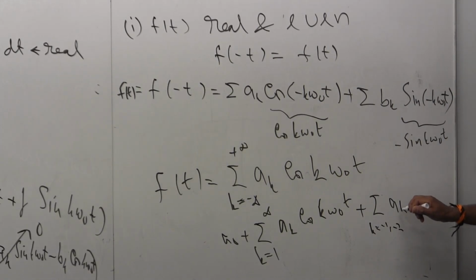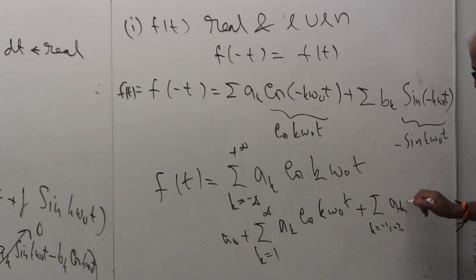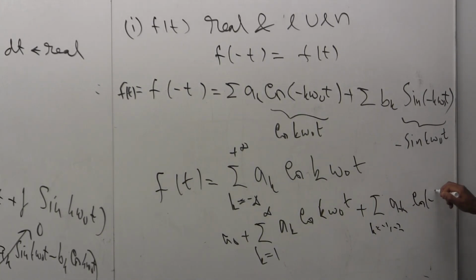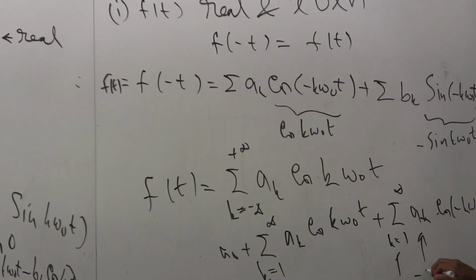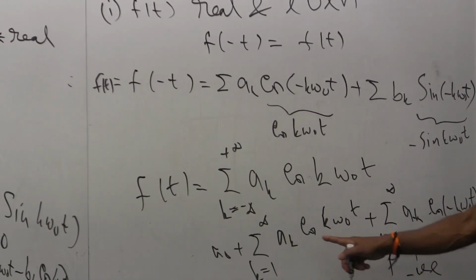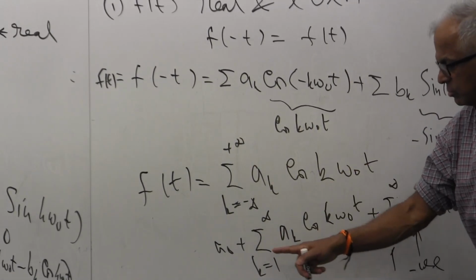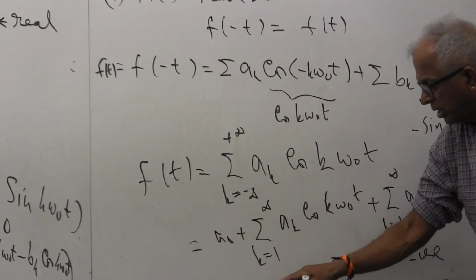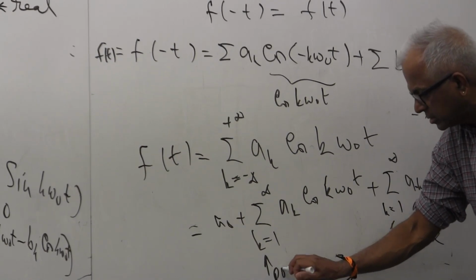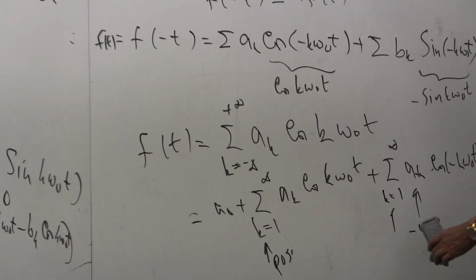So this is the same as I can put minus here. Look here, these are negative frequencies. Here you have negative and positive. So we took care of the 0. Then these are positive frequencies. These are negative frequencies.